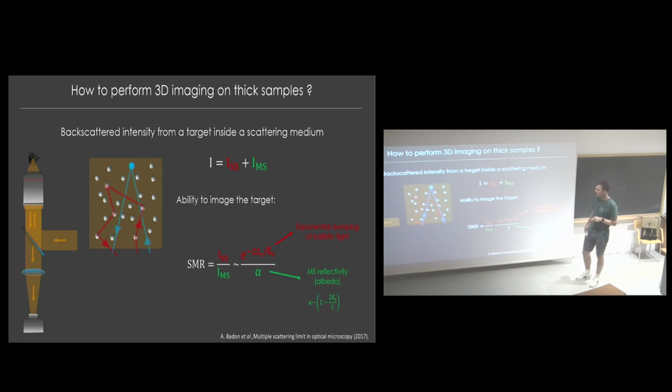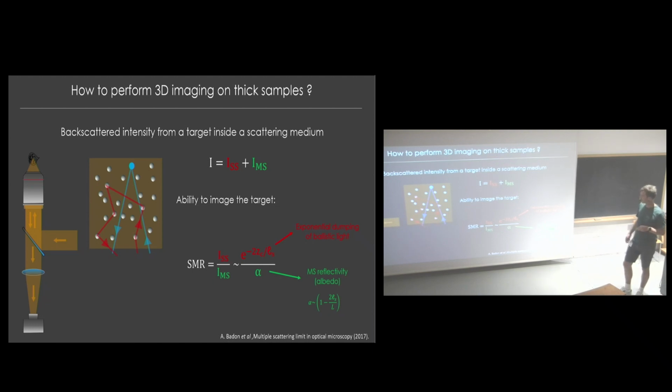And this exponential is governed by the depth of your target divided by the scattering mean free path. So this length is really a characteristic of your medium, and it's defined as the mean distance between two scattering events in your sample. But this means that quite deep, because it's an exponential, you are not able to image, and quickly the multiple scattering is dominant.